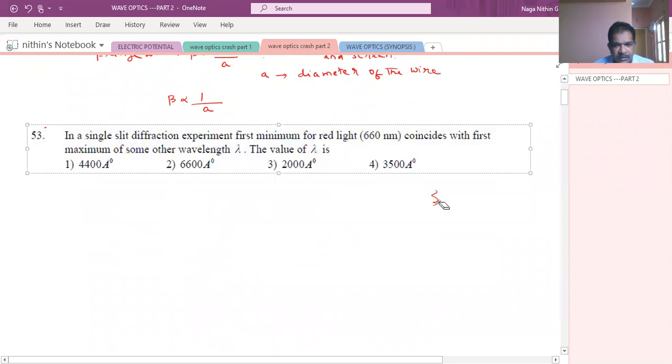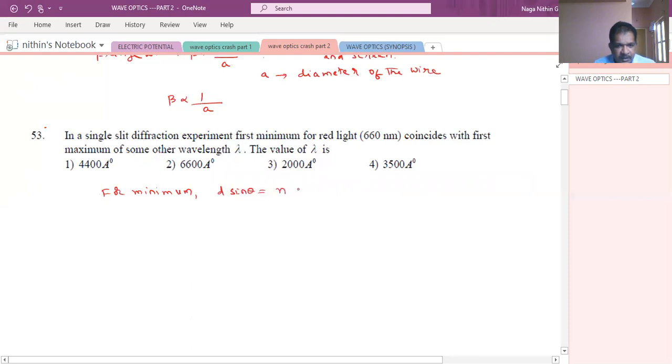In a single slit diffraction experiment, the first minimum for red light coincides with the first maximum of some other wavelength lambda. So for minimum, what is the condition? a sin theta is equal to n lambda.